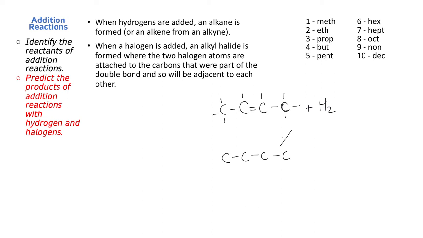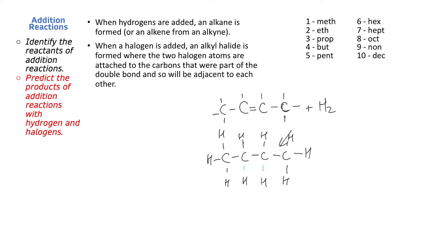You're going to have the two hydrogens added onto the two bonds that were formed. But because you're adding hydrogens to something that has hydrogens already, it's not going to look very different. It's just going to form butane. So 2-butene plus hydrogen, the addition reaction, will form butane. When hydrogens are added, you'll just form an alkane.